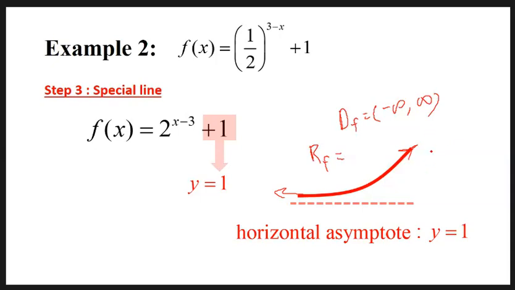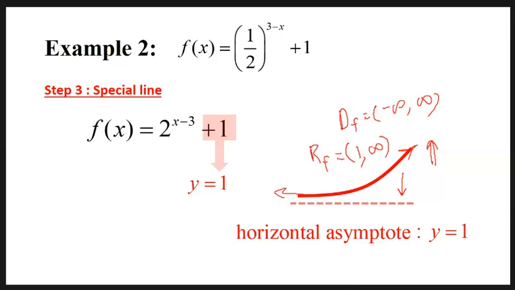When the graph is extended, we notice that it can go upwards infinitely, which gives us positive infinity. Then it can go as low as close to this horizontal asymptote but never touch it. So the range will be 1 to infinity.